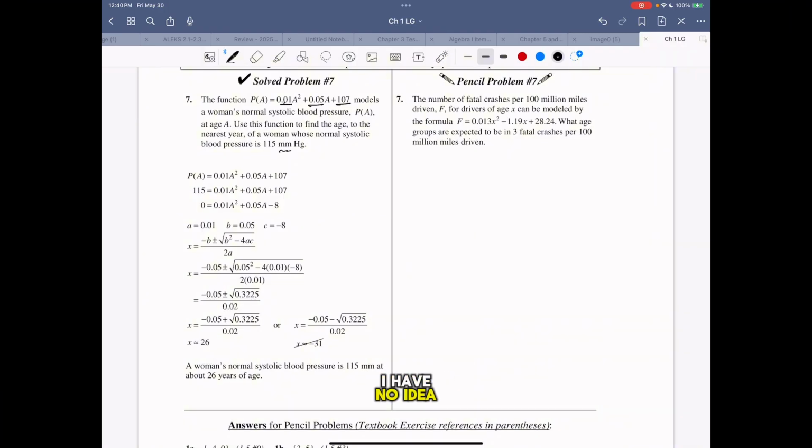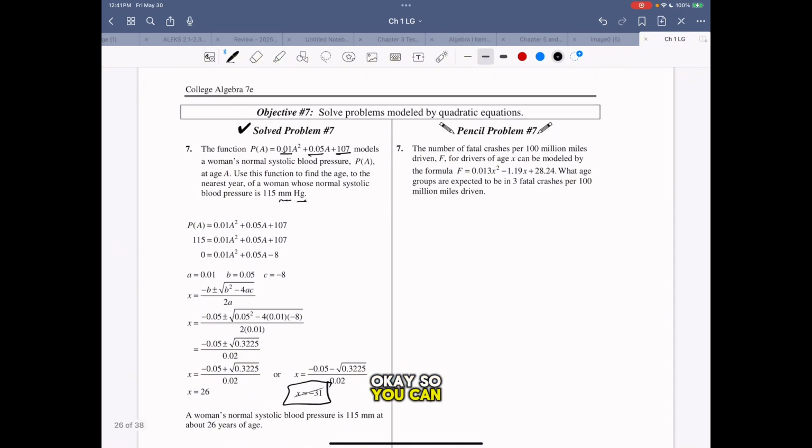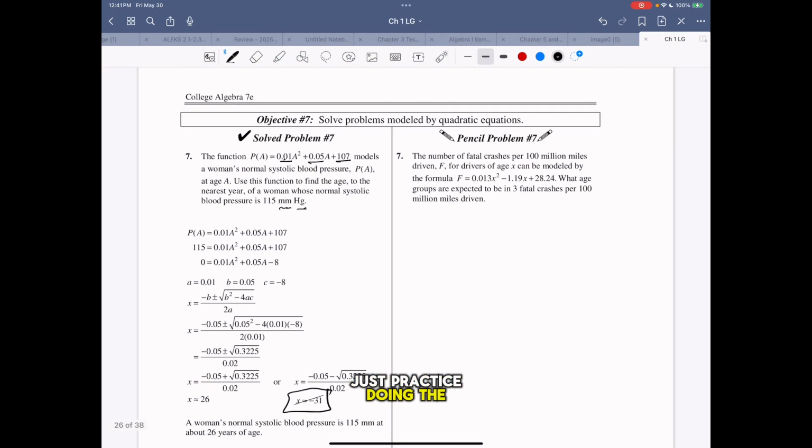I have no idea what mm means, and neither do I know what Hg means, but it's the blood pressure symbols. And then you don't use the negative one because it's not real, it's not possible. Okay? So you can just practice doing the other one.